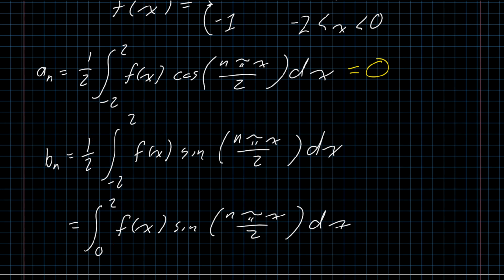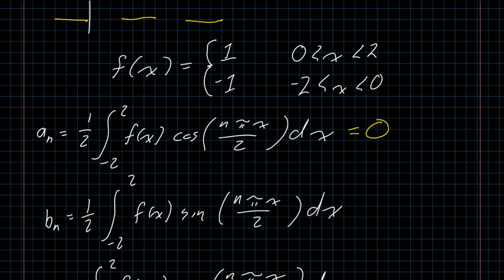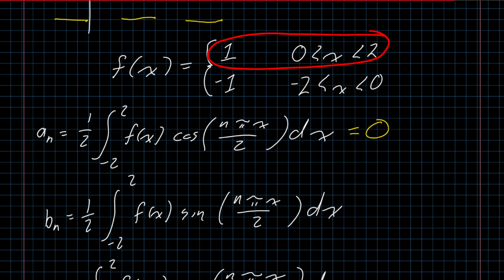And really brilliantly from that is we don't even have to worry about what our extension was. We have to worry about what our original function was. Because between 0 and 2, we have that original function. F of x equals 1 for 0 less than x less than 2 was what was defined for us.